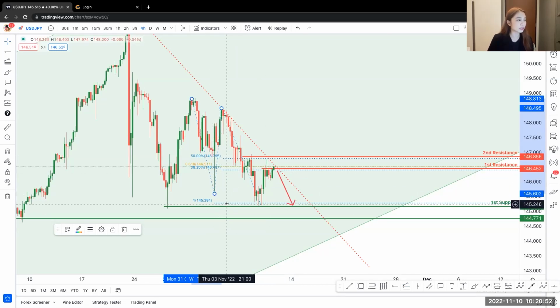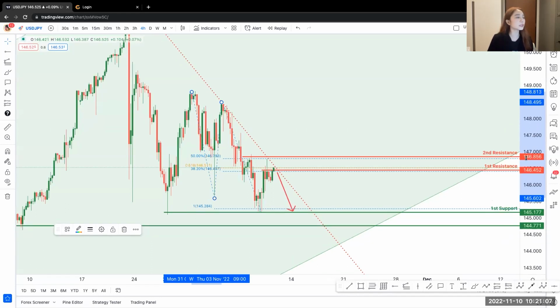So yes, actually this 100% has already been carried out. However, this is a point where we can tell that our first support that we have drawn out here for price 145.177 is really strong, and something to be focused on in the 4-hour time chart.